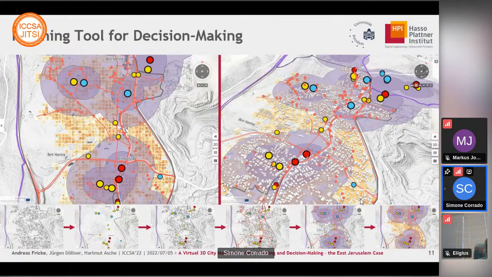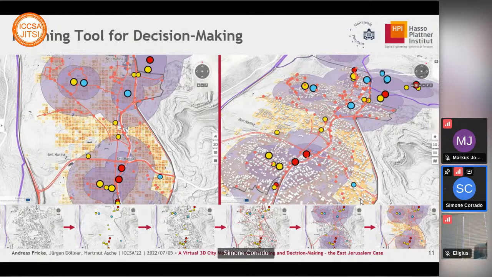What we see here is a 2D map and a 3D map of part of the study area, showing where school locations are, different colors for different types of schools, and how accessible they are in terms of the transport network.